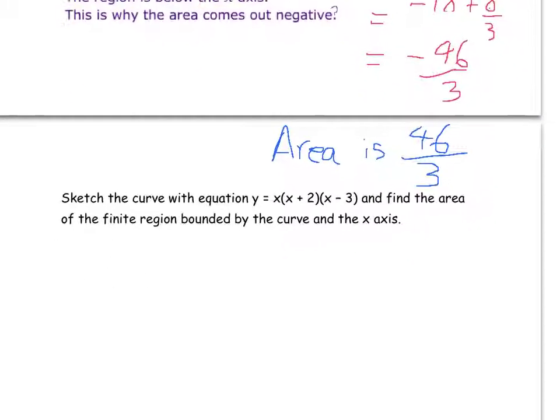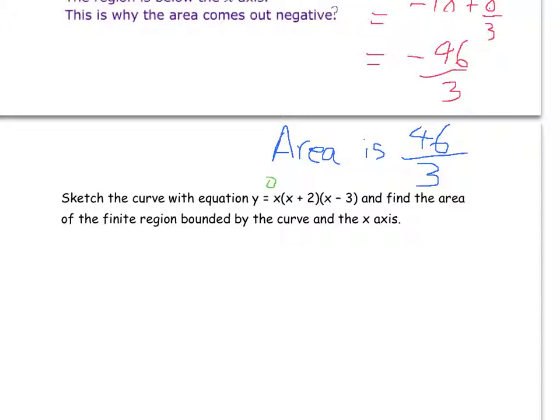Now, that affects the question when we start to look at a question like this one, where it says sketch the curve with the equation y equals x in brackets x plus 2 in brackets x minus 3, and find the area of the finite region bound by the curve and the x-axis. So if we just draw a sketch as it says in this question, what we should know is if we set this equal to 0, we can find the x solutions where the curve crosses the x-axis.